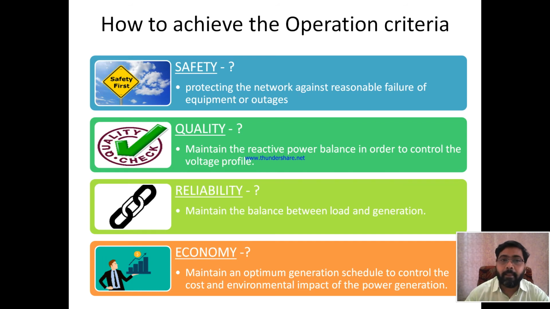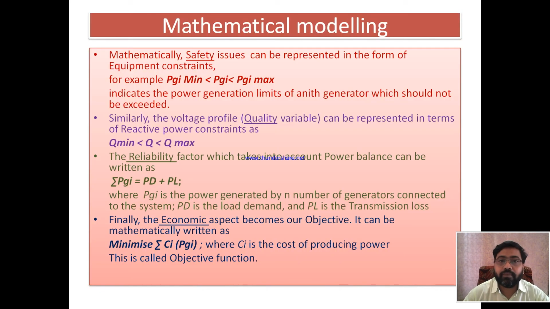So how do you mathematically model these aspects? Safety can be represented in the form of equipment constraints, for example, PGi min less than PGi less than PGi max. This indicates that the power generation limit of the ith generator should not be exceeded. Every generator will have a nameplate rating containing the maximum power the generator can produce.